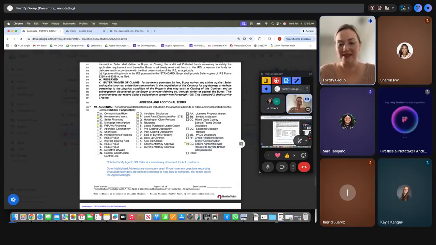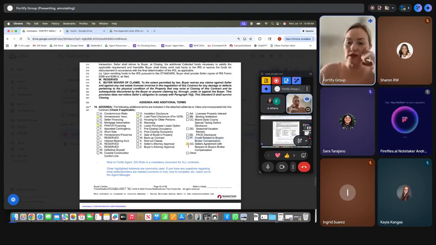Since I created this example, I've started recommending you guys use the FF rider more frequently, simply because the FF rider allows you to put the commission amount on that, and then you're only having to draft one document between your side and the seller side regarding commission.